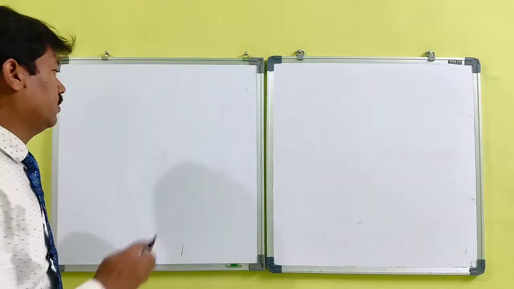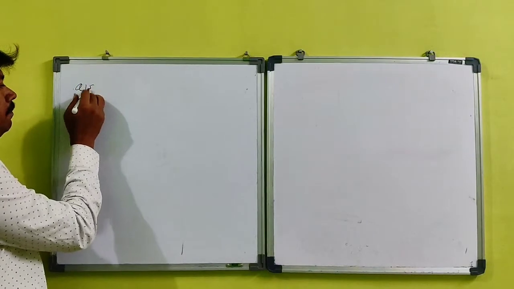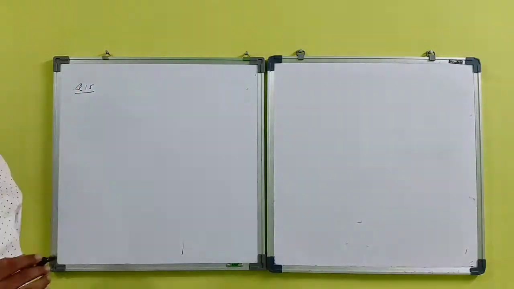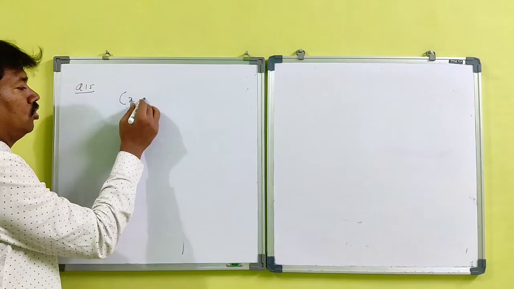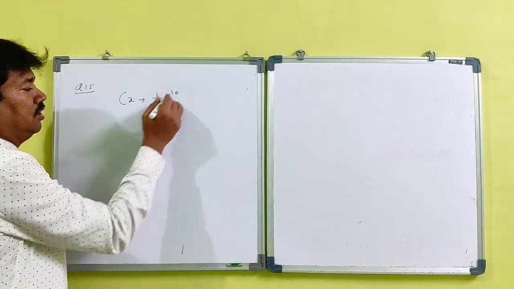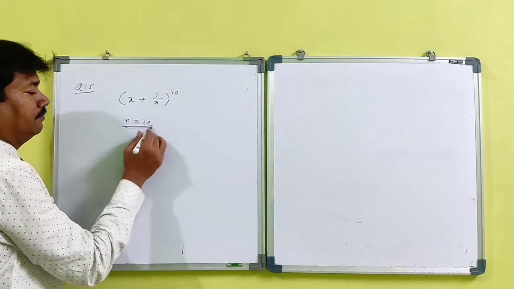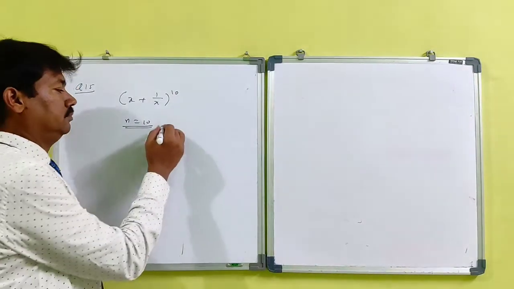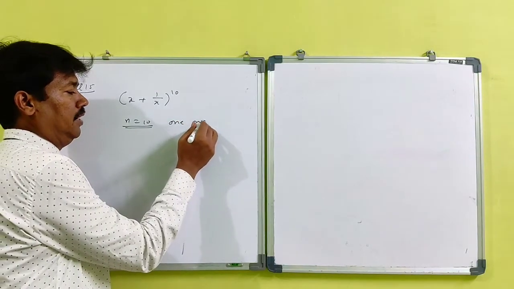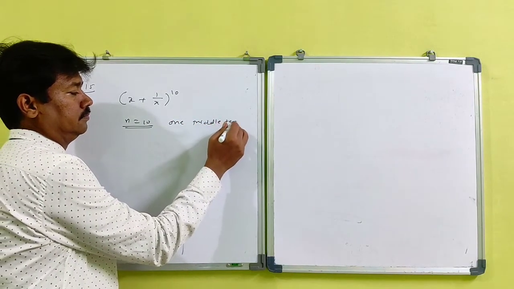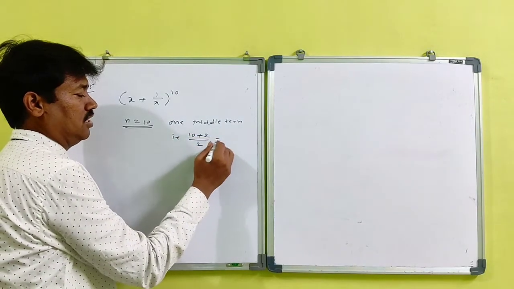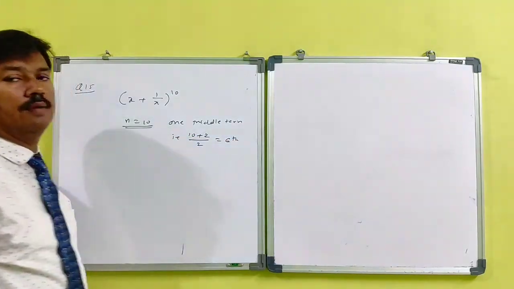So next question, question number 15. What is the coefficient of the middle term in this? Here n is equal to 10, which is even. So there is only one middle term. That is (10 plus 2) upon 2, so it is the 6th term that will be the middle term.